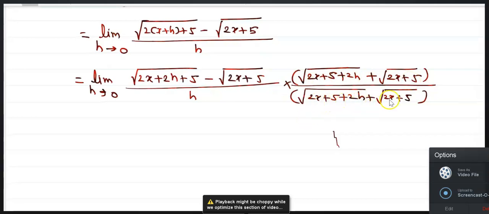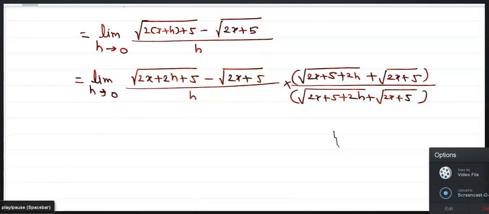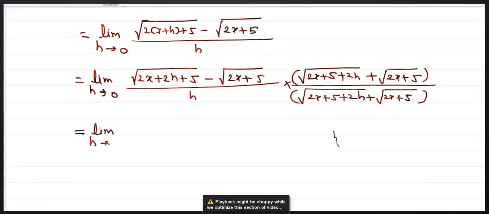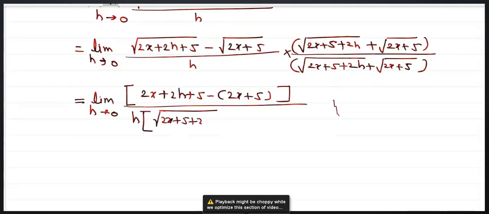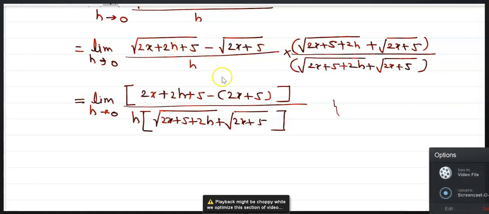The radical sign will get cancelled and you will get limit h tends to 0 of 2x plus 2h plus 5 minus 2x plus 5. These roots get cancelled. 2x plus 2h plus 5 minus in bracket 2x plus 5 upon h into square root of 2x plus 5 plus 2h plus root of 2x plus 5.